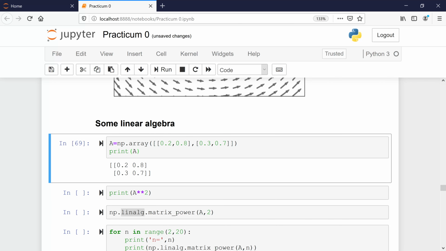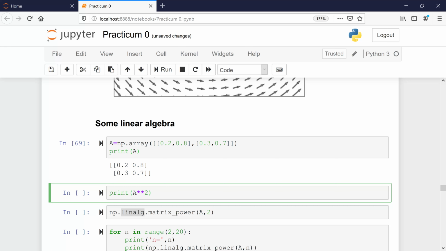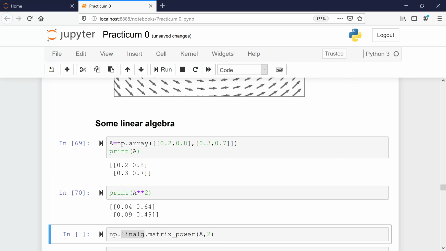Now we have two notions of multiplication for matrices: the element by element multiplication and the usual matrix multiplication, and these two do not coincide. For example, suppose that you want to raise each element to the power 2. Then you get 0.2 squared, which gives 0.04, 0.8 squared, and so on.